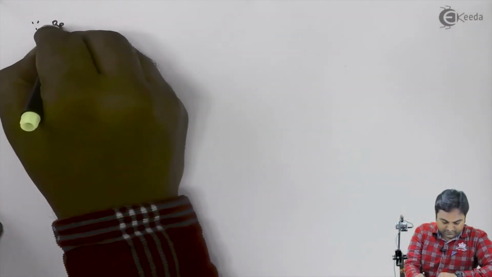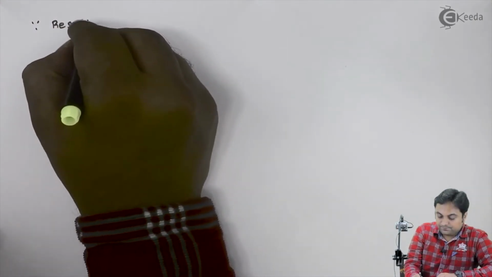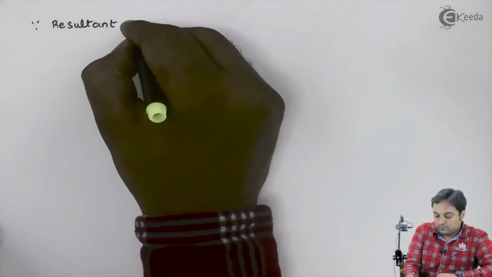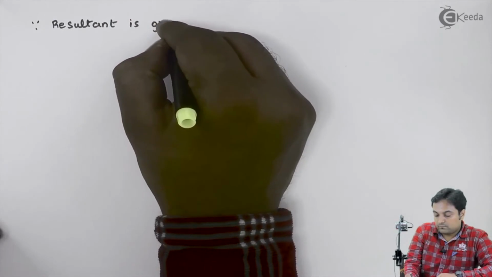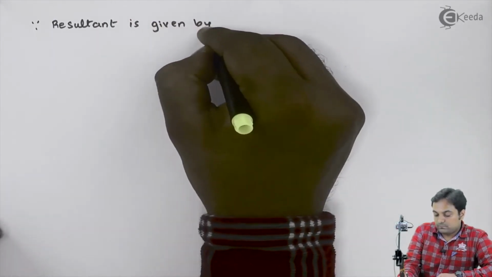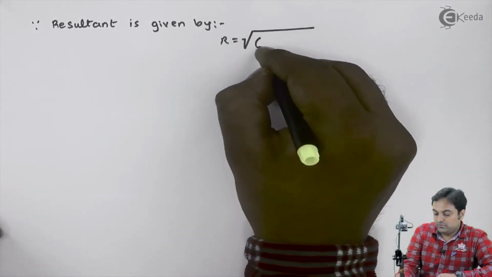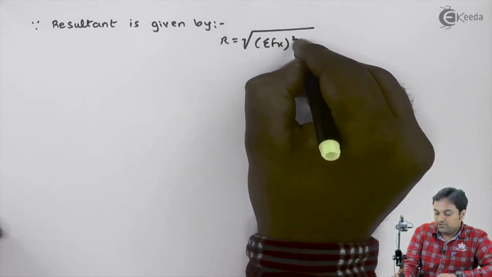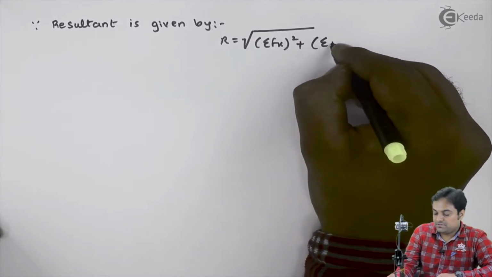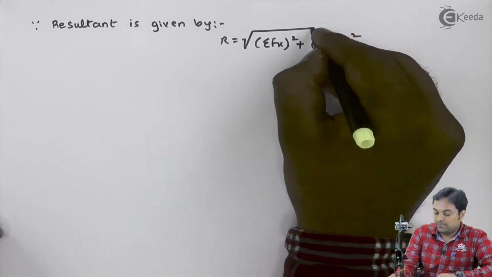Since the resultant is given by capital R equal to square root of summation Fx whole square plus summation Fy whole square.